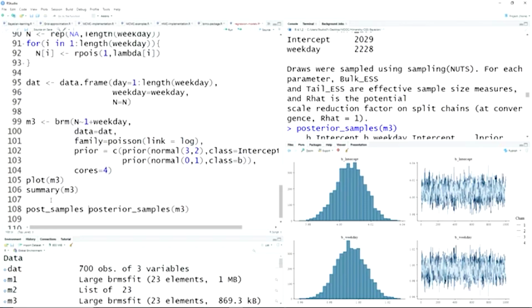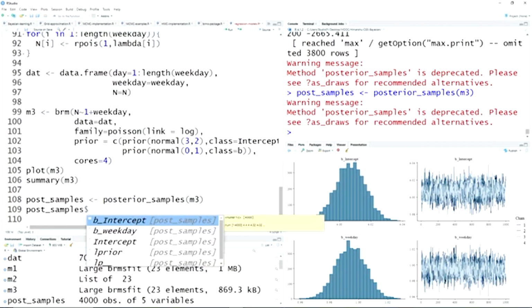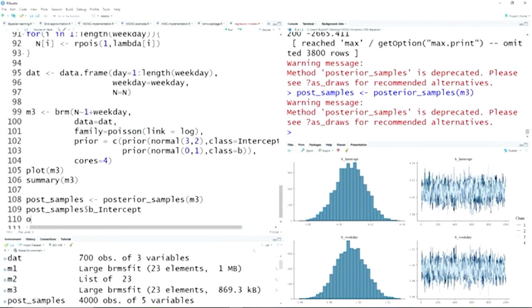You are interested in the estimate of alpha and beta. This is the estimate of alpha. This is the estimate of beta. What am I going to do with alpha and beta? What I will do is apply this.